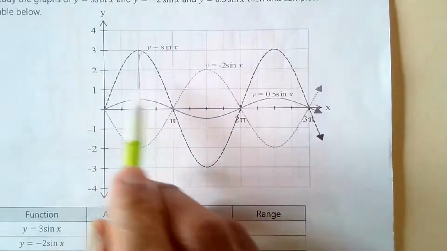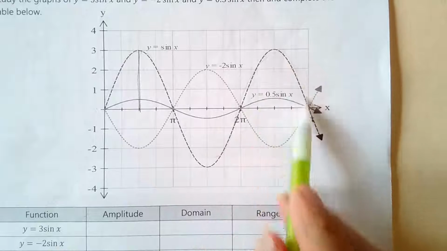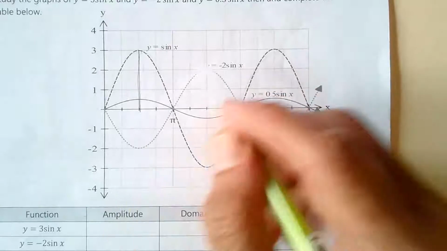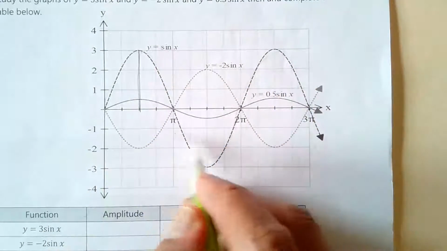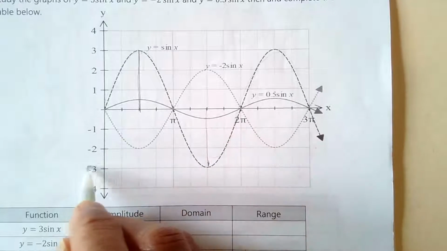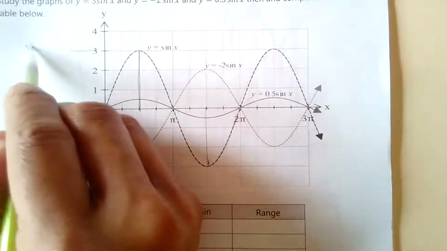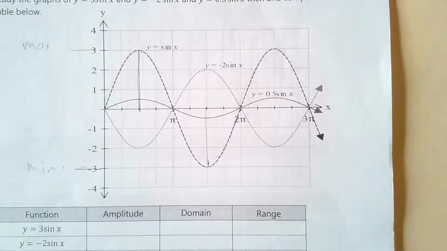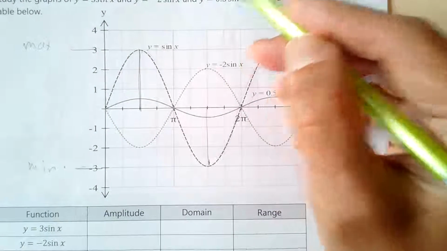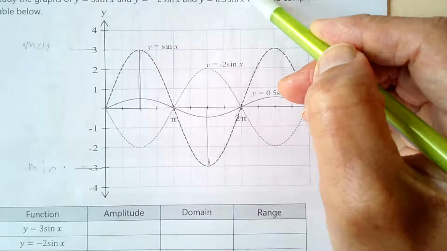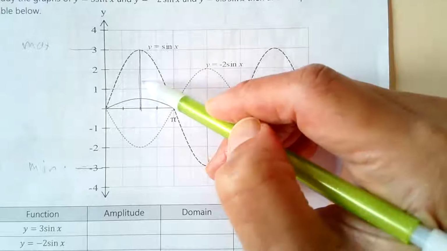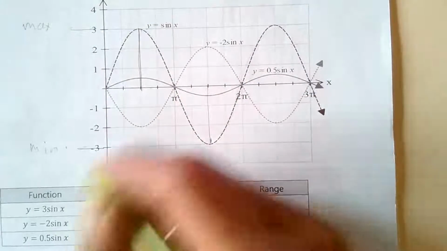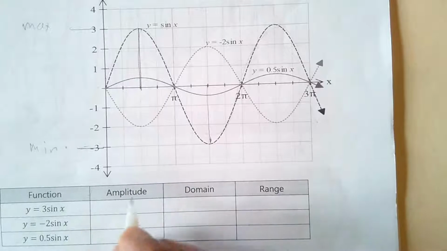This is your midline. From your midline to here is your maximum, which is 3, and your minimum is negative 3. So your maximum minus your minimum, divided by 2, results in 3 as well. So y equals 3 sine x means the amplitude is 3.